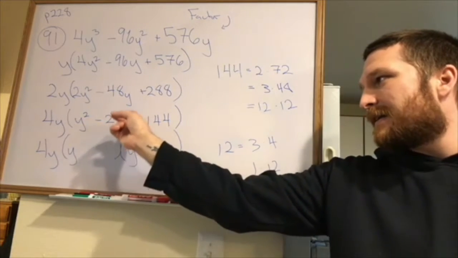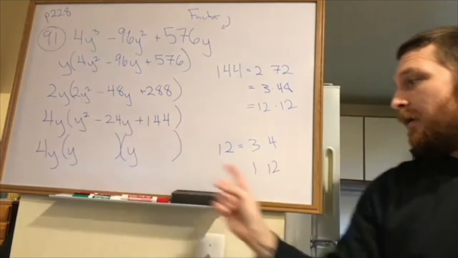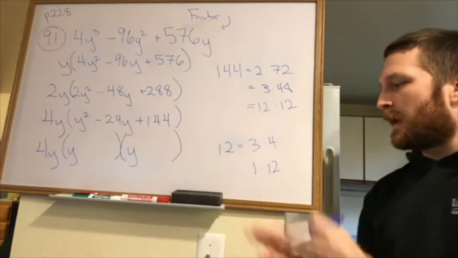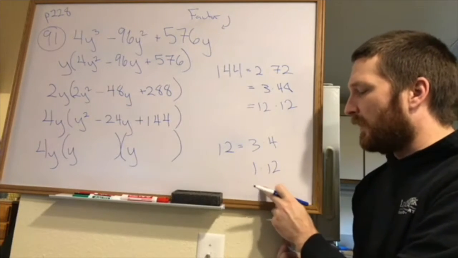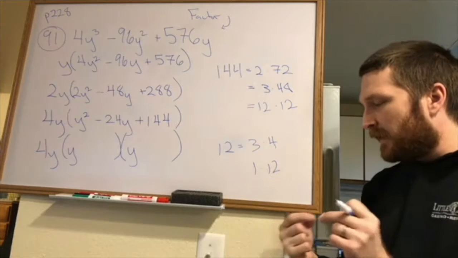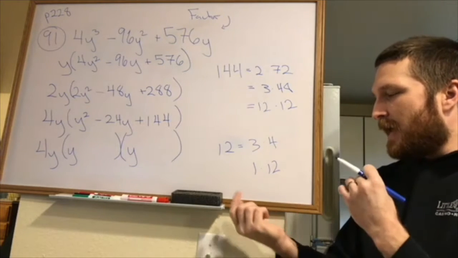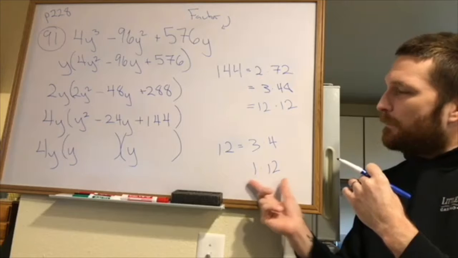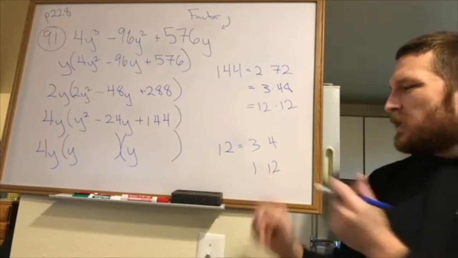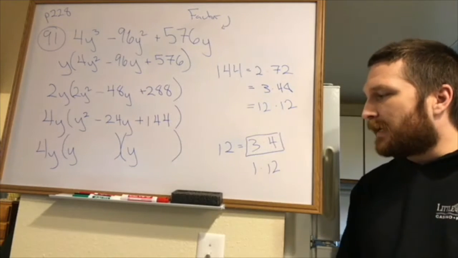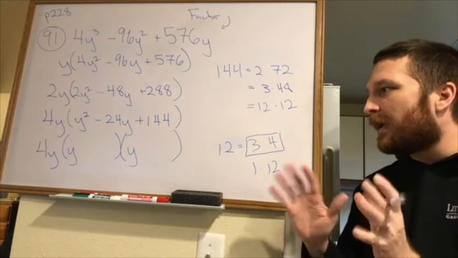If I had 12 on the outside, 1 times 12, it's either going to be 13 or 11 or negative 13 or negative 11. So it depends on what's in the middle there. I usually go for these closer factors first.